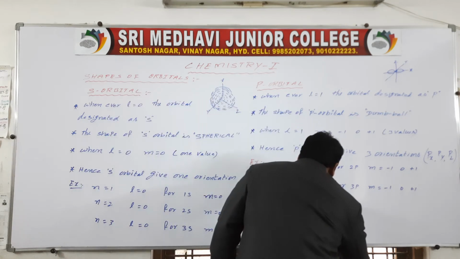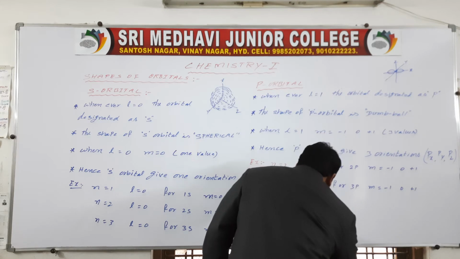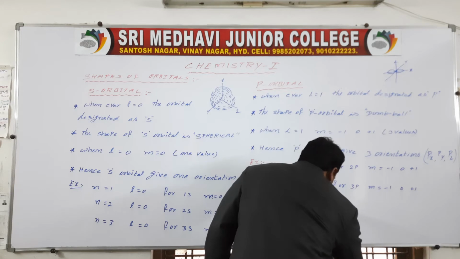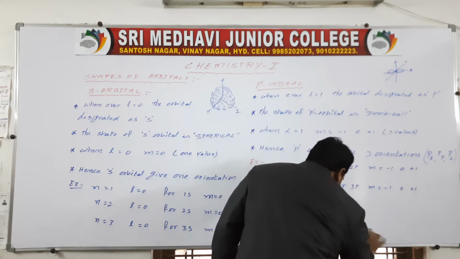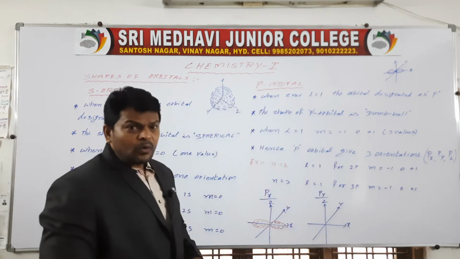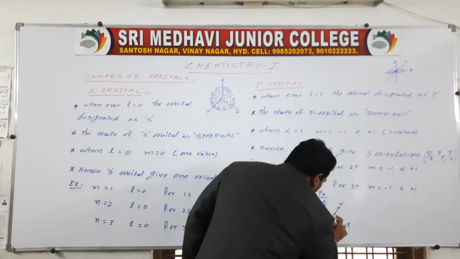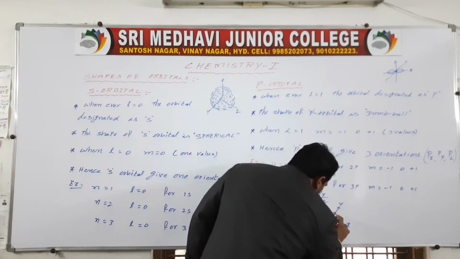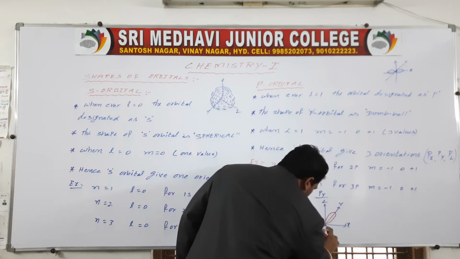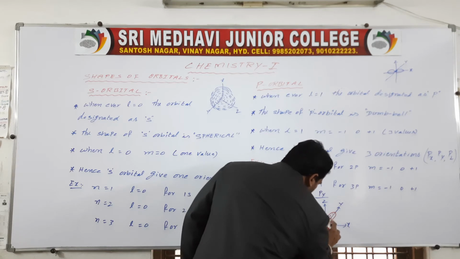Then py. z, y, x. Now the electron cloud is on the y axis, meaning two lobes are on the y axis.